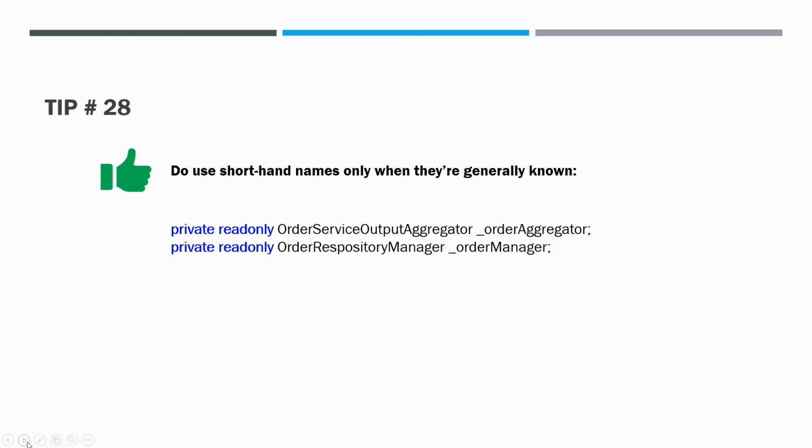So instead of writing the whole entire object name, we can just name the variable as order manager and order aggregator. The same thing with FTP, UI, and IO, and so on. So again, it's okay to use abbreviations to name things, but only if they are widely known and used. It would be counterproductive not to do so.